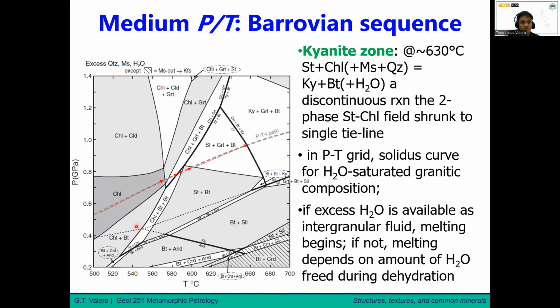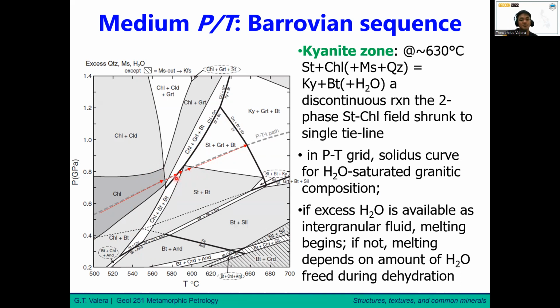Ito. Instead of this, staurolite chlorite, ito, this daw. Wala nang ganito basically, diretso lang kung higher pressure. Returning to the dashed path, further heating enters the staurolite biotite field, causes the chlorite staurolite biotite triangle to move past X bulk.